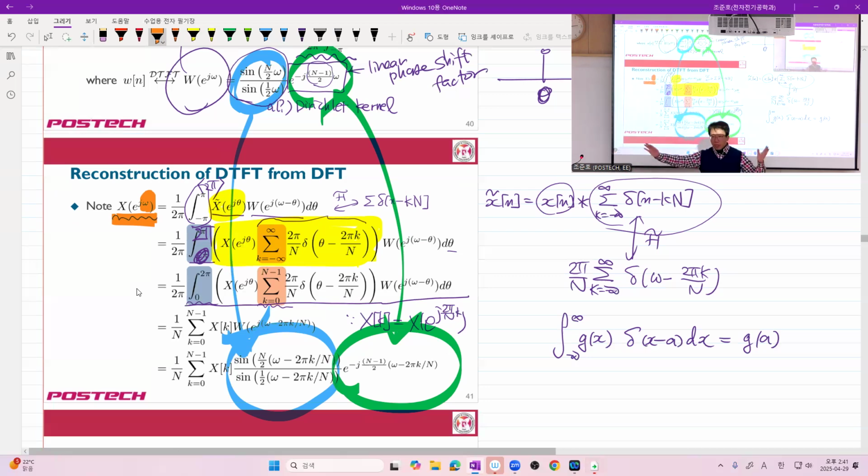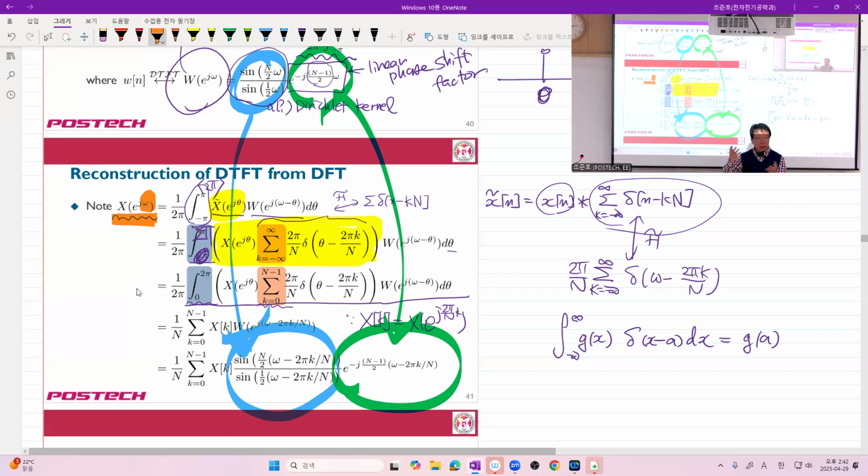For example, as I already told you on the first day of this DFT part, suppose we have some signal. We believe a significant portion of the signal is here, even though there are some non-zero parts. Got it? And we want to do some frequency domain analysis, but we do not want this very large, possibly countably infinite length signal to be DTFT'd, right?